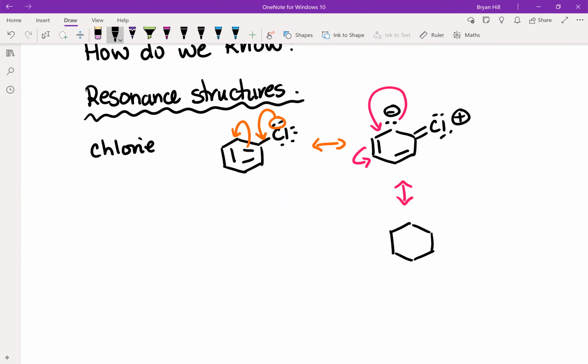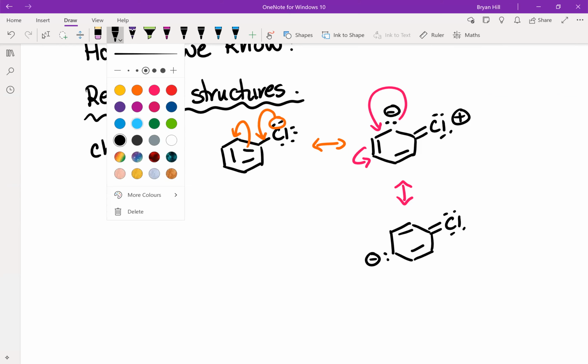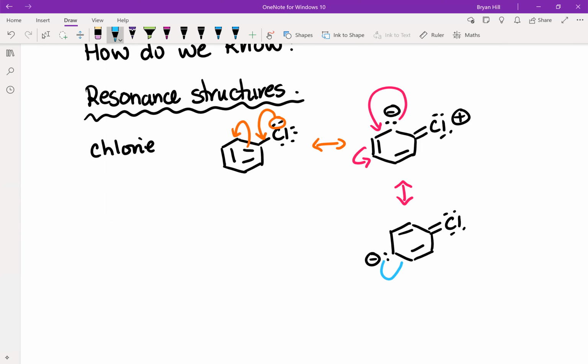And this will give us this resonance structure. Oh, we're not done yet. Let's do one more. Let's move that there, and then this bond here.